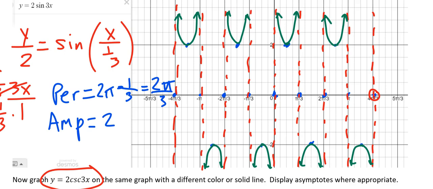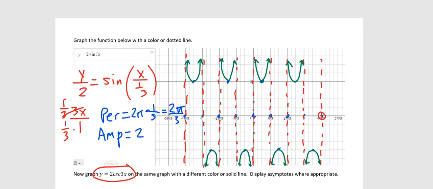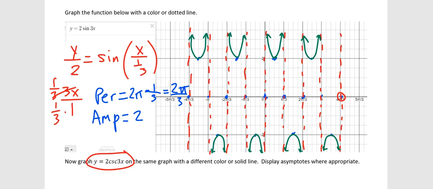Can you describe to me the domain of that function? The domain of this function is not all real numbers, but you are not too far off. What's the domain of this particular function?